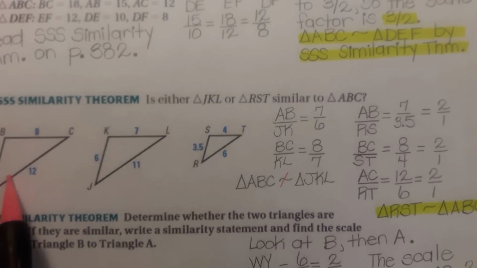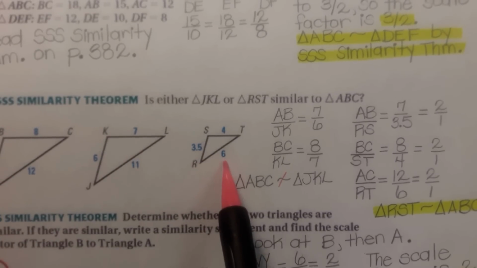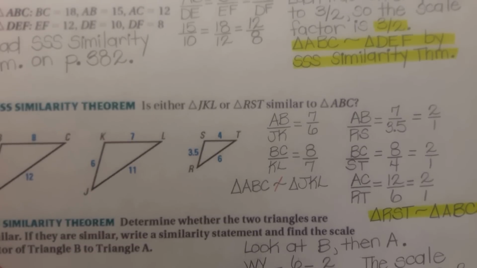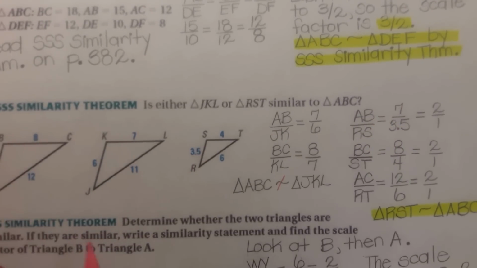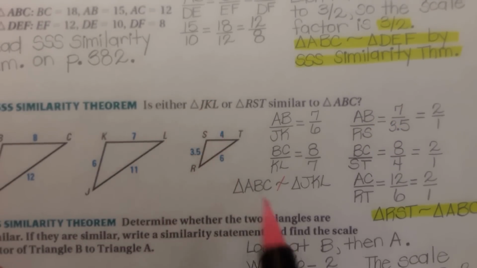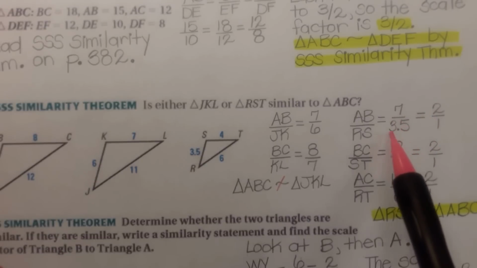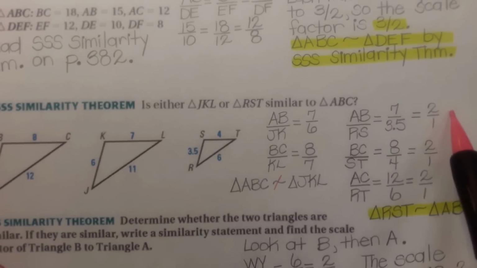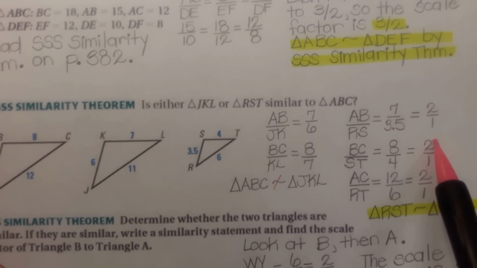Now I want to try my first triangle and my third triangle to see if they're similar. So I see that AB corresponds to RS. So I have 7 over 3.5. 7 divided by 3.5 is 2. And then I can put it back over 1.